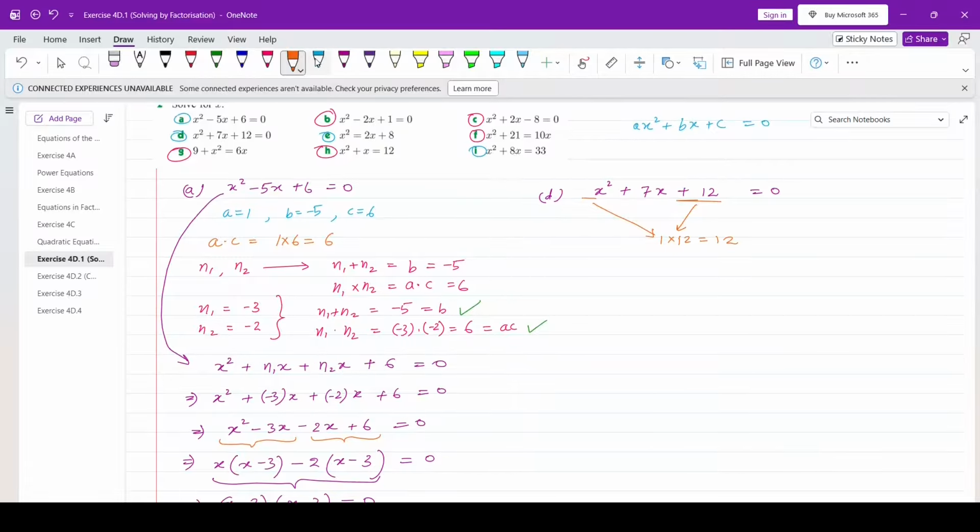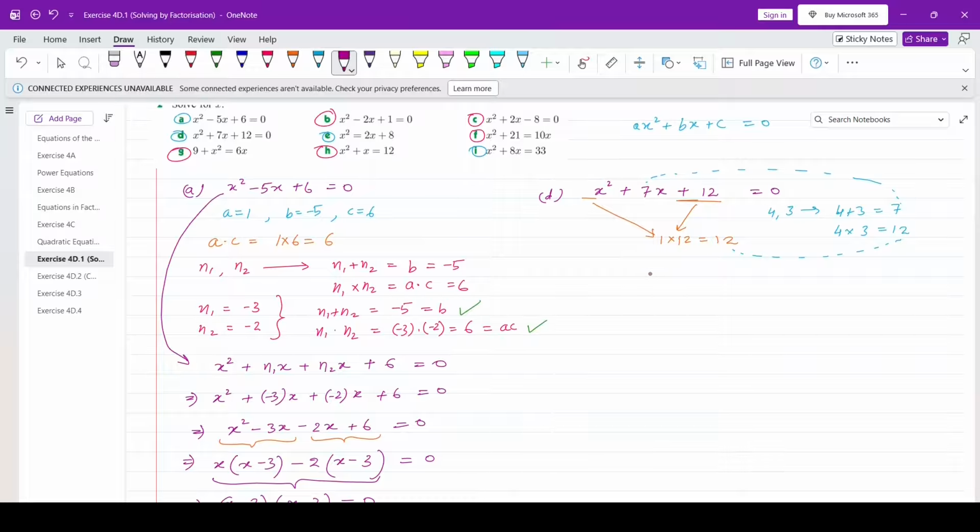Now we need to come up with two numbers such that those two numbers add up to make 7 and the product of those two numbers is 12. So can we say those two numbers are 4 and 3? So if we take 4 plus 3, that is equal to 7, and this is equal to this number. And if we take 4 times 3, that is 12, and that is equal to this number.